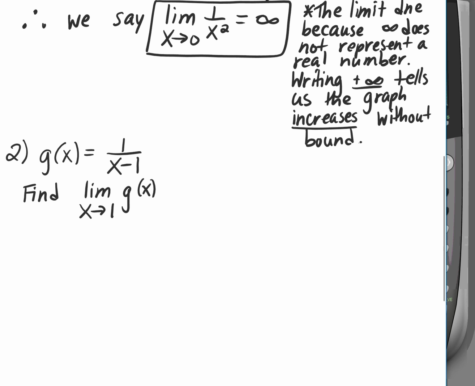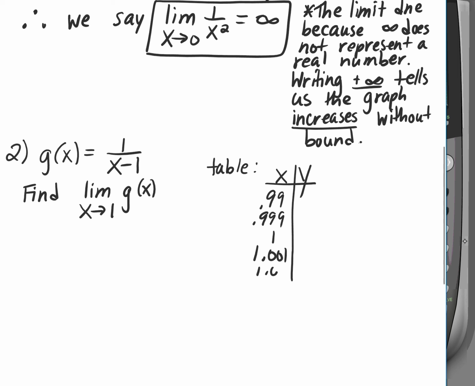We will be doing this algebraically. That will be in the next video. So our table, again, let's pick some values that are close to 1, but not equal to 1. So let's do 0.999. We'll pick 1 to put in the table, and then we'll do 1.001 and 1.01, enough so that we can see what's happening. We should already know we'll get the error message at 1.